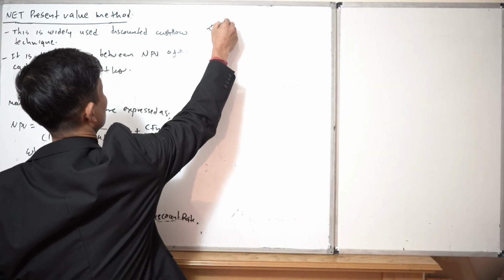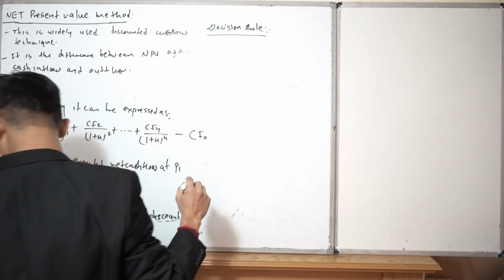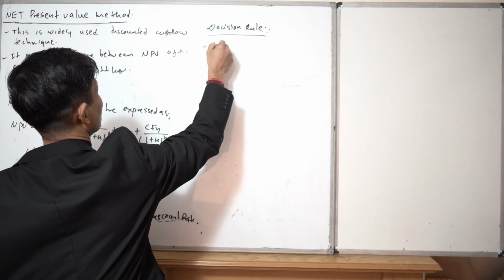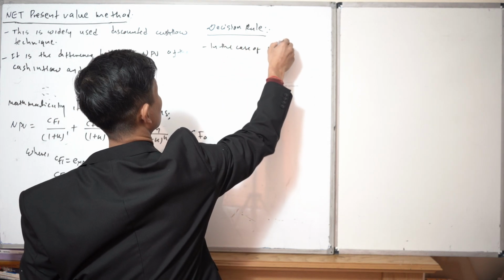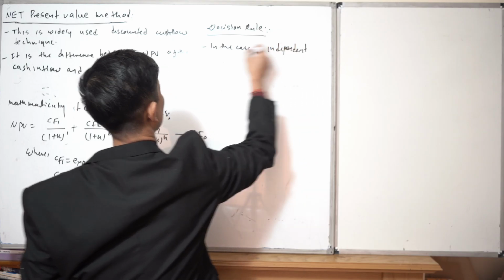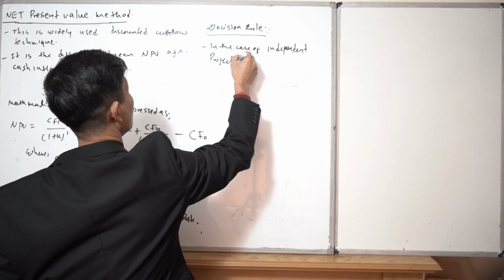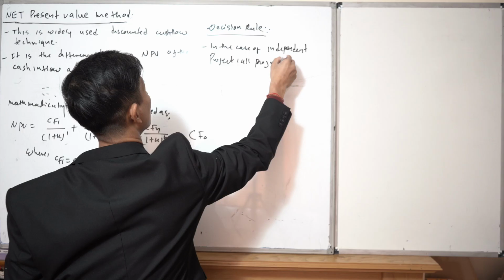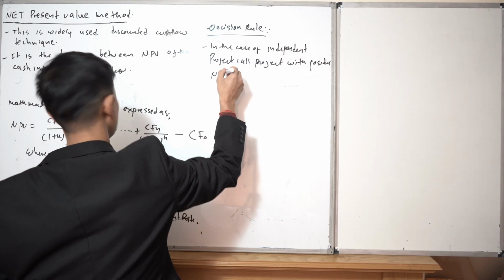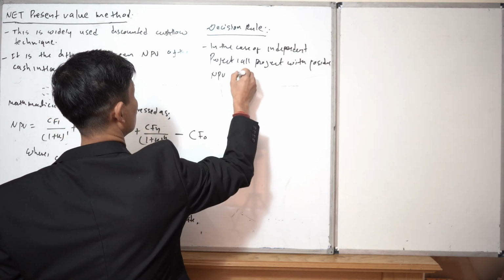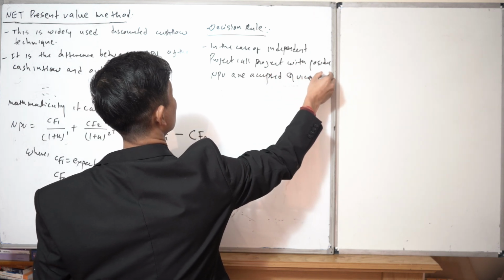The decision rule is: in the case of an independent project, all projects with positive net present value are accepted and vice versa.